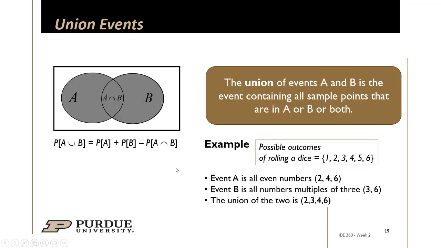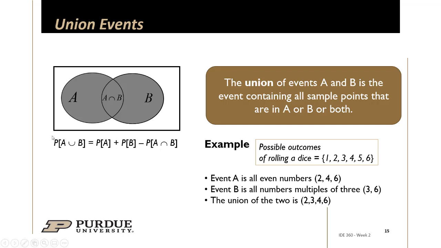And finally, union events. Union events represent the event containing all the sample points that are in either one or the other or both. So as you can imagine, if you actually just count A and B, then you will be double counting the intersection that is in both spaces.